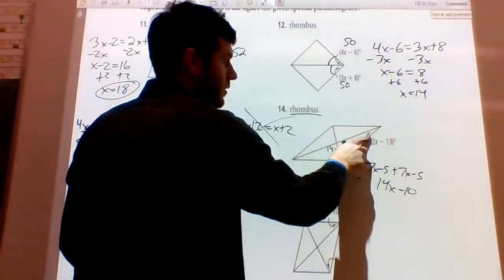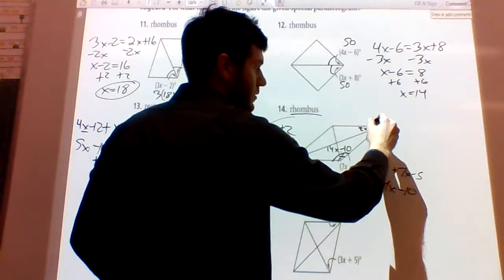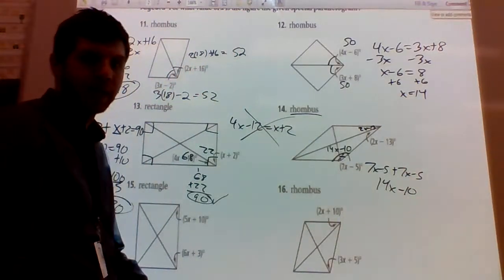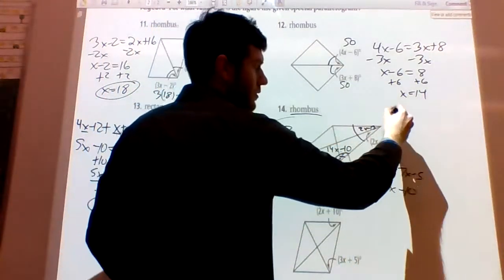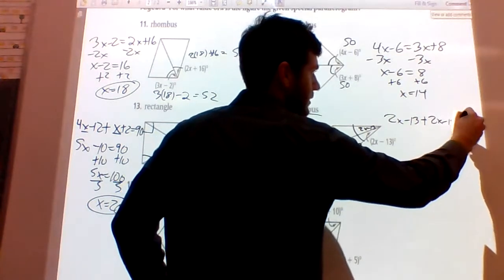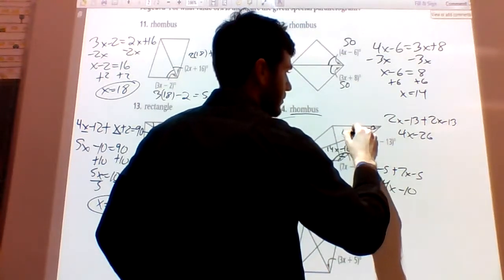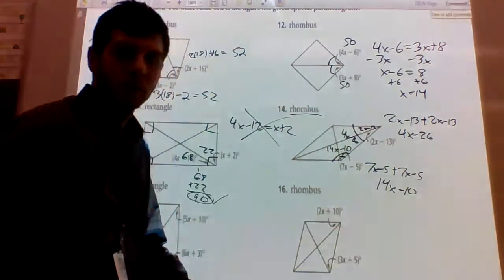We know that since this is 2x minus 13, this one is also 2x minus 13. So if we add these 2 angles together, 2x minus 13 plus 2x minus 13, we get 4x minus 26. We know the whole angle here is 4x minus 26.